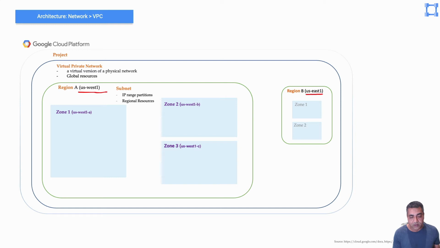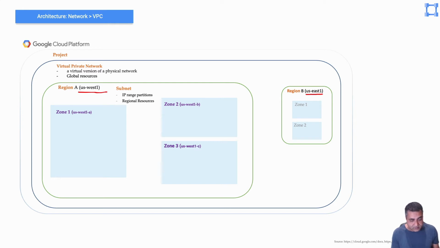In custom mode, no subnets are automatically created, and you get the option to actually create and specify your IP ranges. What's important to understand is that you can switch a VPC network from auto mode to custom mode, and it's a one-way conversion. Custom mode VPC networks cannot be changed to auto mode VPC networks.